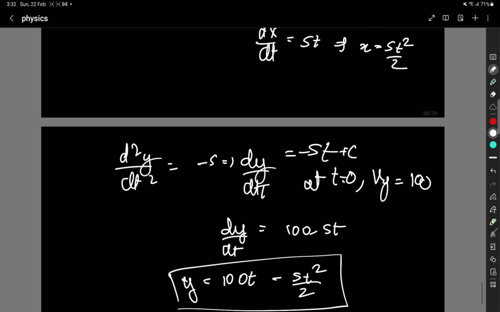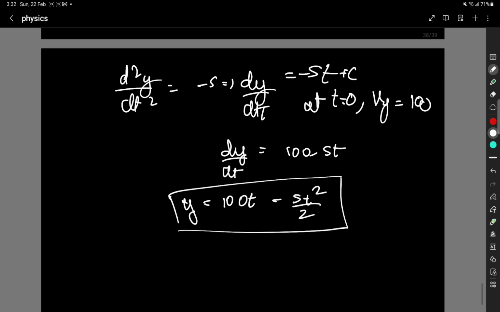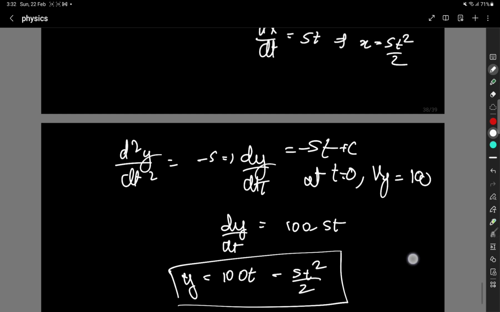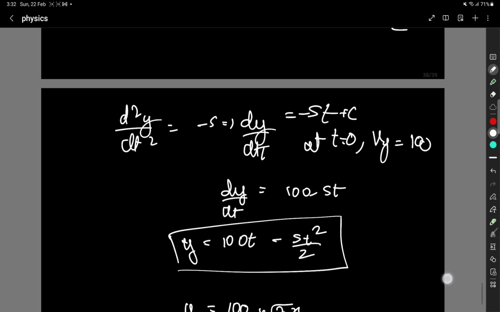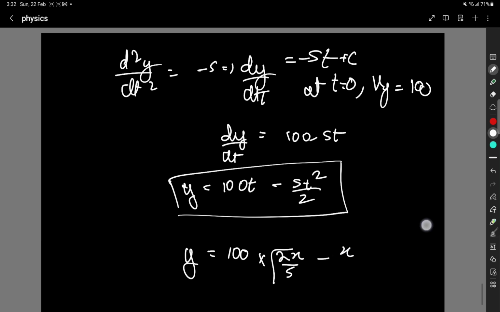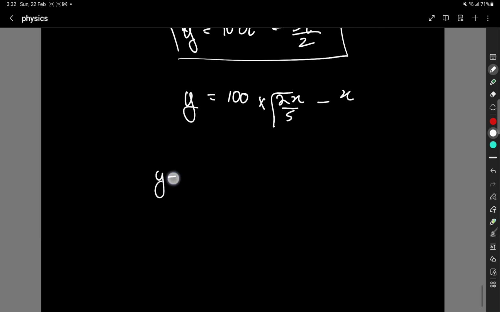So that concept you can use. From here you can tell that y is equal to 100 into x by 5 minus x. So y plus x whole square is some kx.